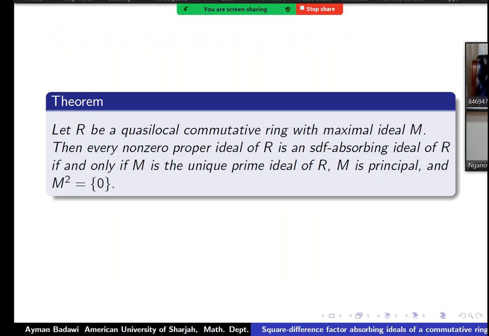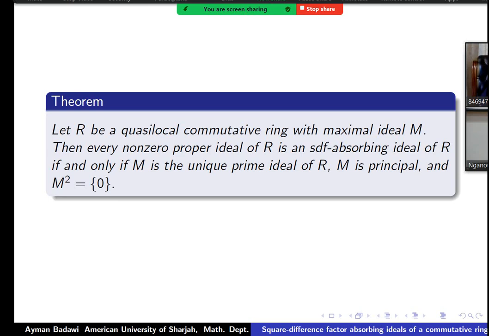Okay, so here is what we did. We characterize rings with one maximal ideal. That's what we mean by quasi-local: a commutative ring with exactly one maximal ideal. And this result tells you that every non-zero proper ideal is an SDF absorbing ideal if and only if M is the unique prime ideal of R, and M has to be principal and M square has to be 0.